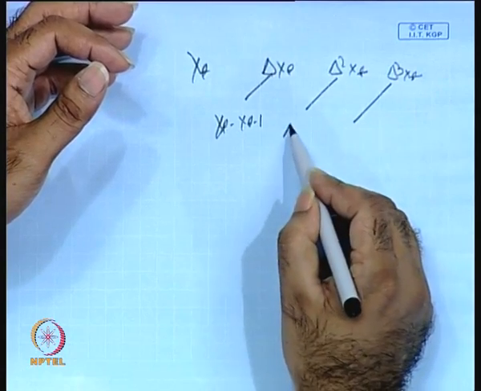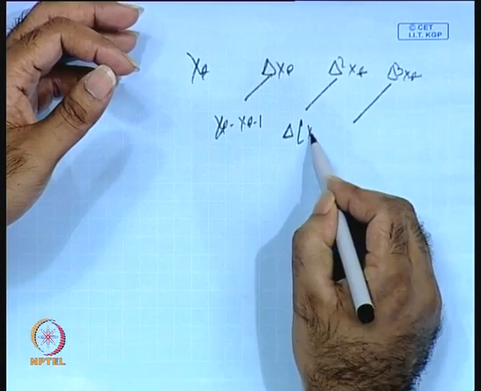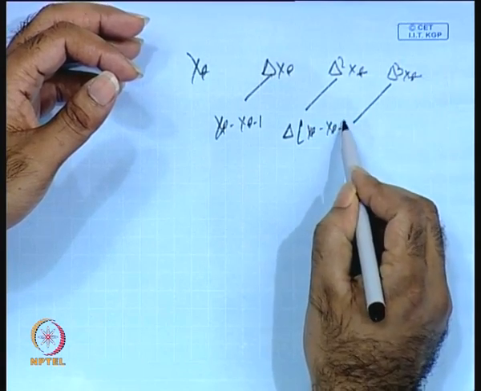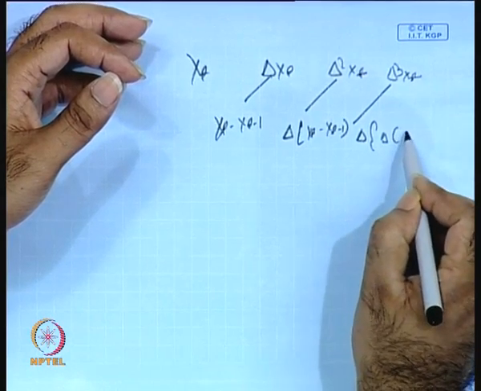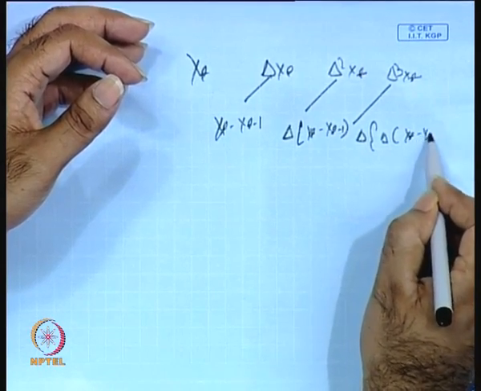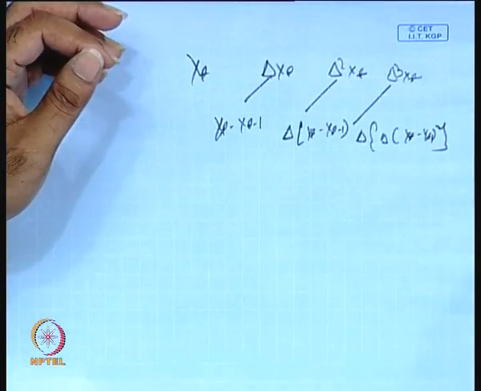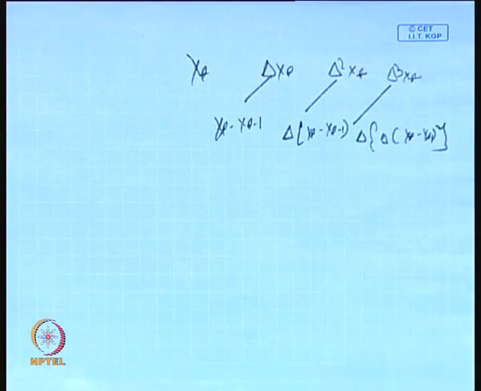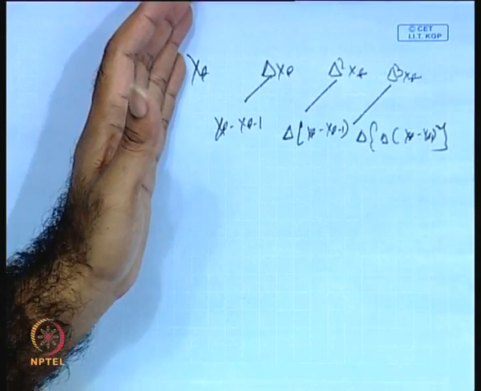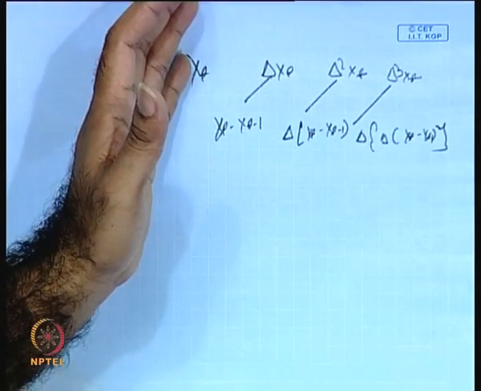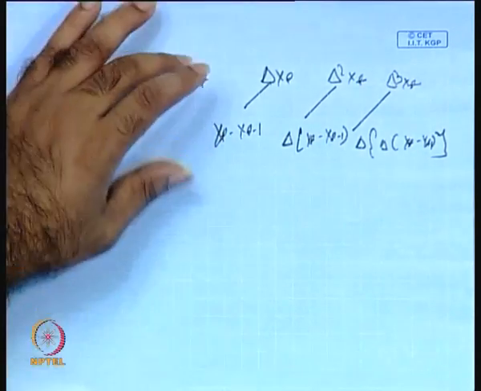Delta square x t is delta applied again on x t minus x t minus 1. Similarly, delta cube is delta applied again. This is how you have to proceed further till you get stationarity. Most financial time series variables most probably have a unit root problem, so they are non-stationary.